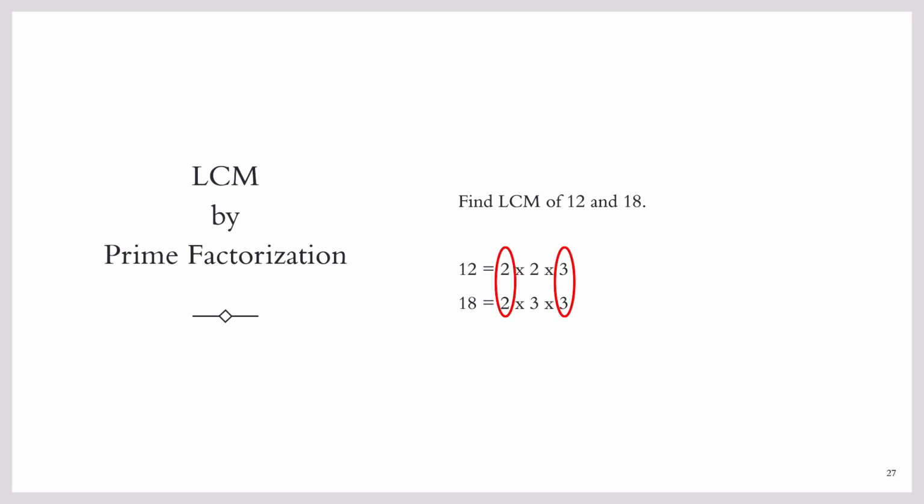This is similar to finding the highest common factor, but we are also going to take into consideration the uncommon factors, which are 2 and 3 in the center in this case. So we simply write the first two values that are the common factors, and then we write the uncommon factors. We multiply them all, and then we get the final least common multiple. In this case it is 36.